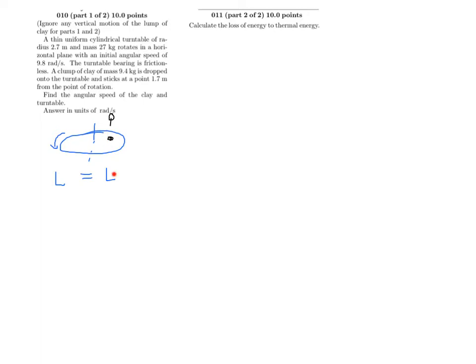So what I could do is figure out my moment of inertia for both and then multiply it by my omega in order to get my angular momentum. Since L is going to be, just like p equals mv, L is going to be my I omega, so that to begin with is going to equal an I omega plus an I omega for the turntable and for the mass. But they're both going to have the same omega, so I can actually add the I's together.